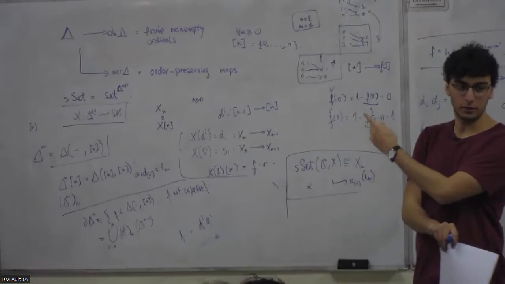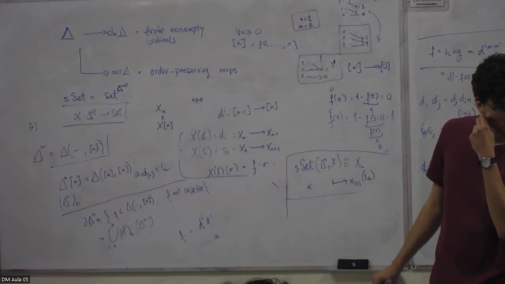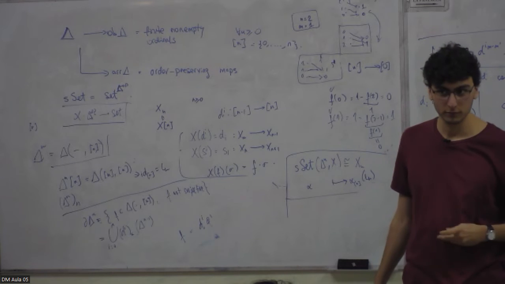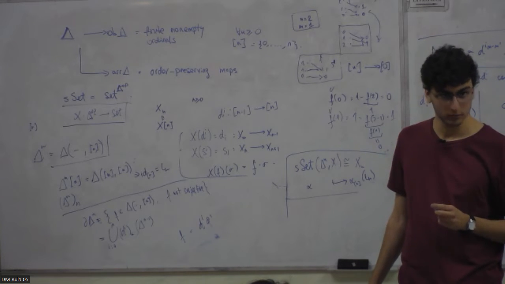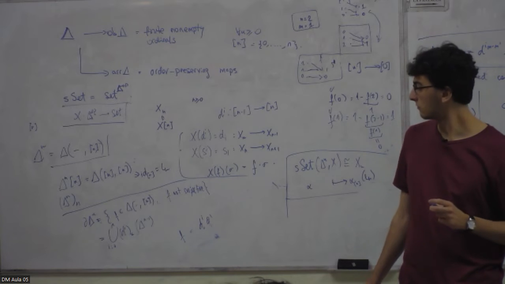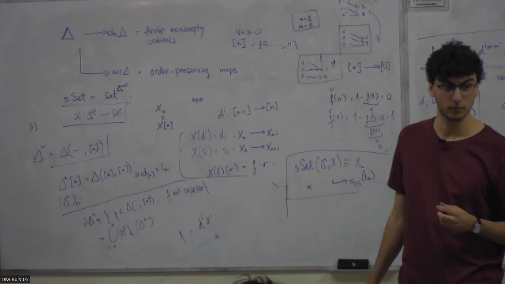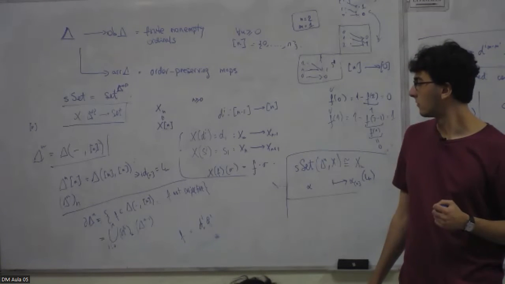You can also say it as a colimit. You just take the simplicial set in this case, right? I look at the x_i from 0 to n minus 1.